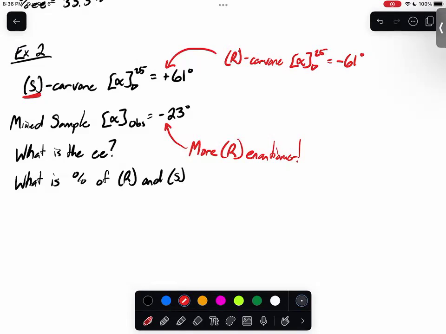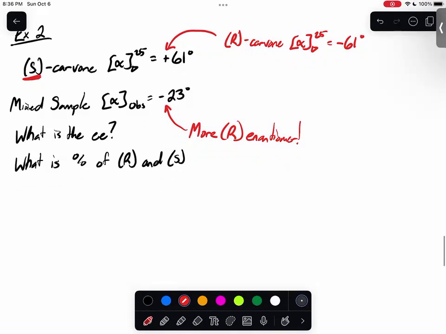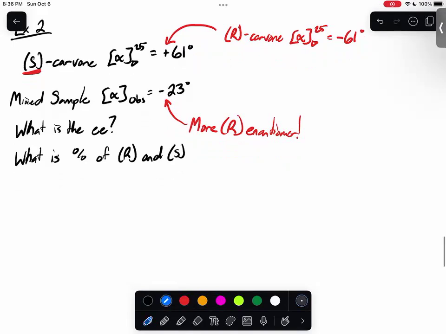So let's find our enantiomeric excess. First off, if we're doing our observed over our specific, that's negative 23 divided by, and you always want to divide by the same sign, because you just want to make sure you're not making negative percentages. So in this case, it'd be divided by negative 61 times 100% gives us our EE, and we would find that this is 37.7% EE.